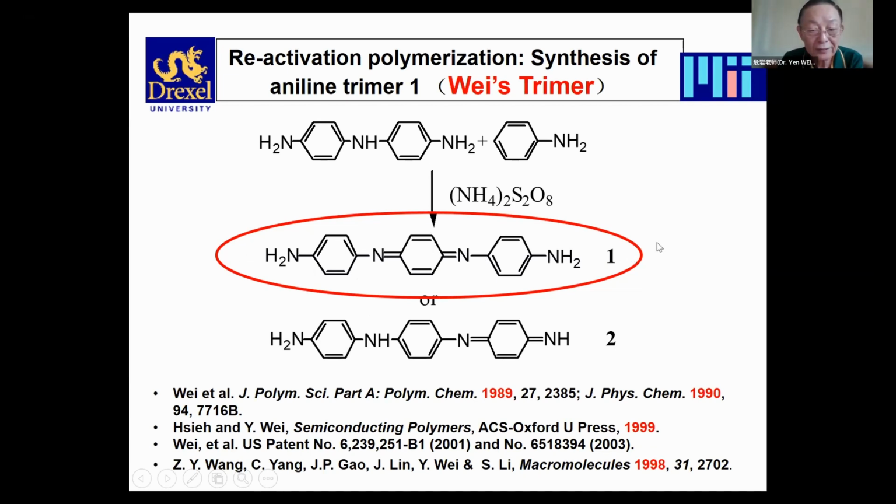That they are conjugated. Okay, therefore they can become a conducting polymer, can become a so-called electroactive materials. Now we use this material. This is very easy to prepare. We can prepare, one freshman can prepare 10 grams or more a day.